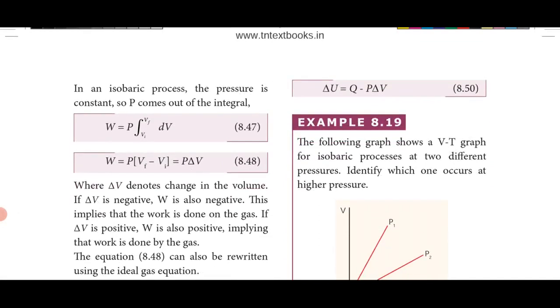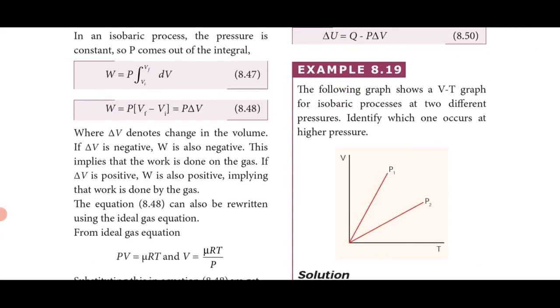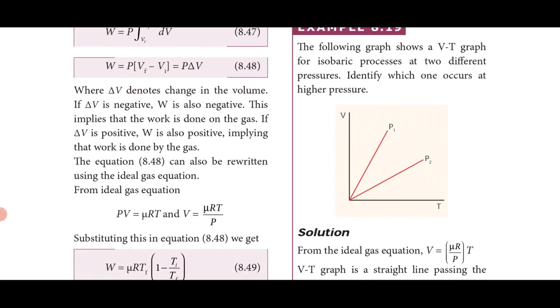Since the pressure is constant, P comes out of the integral and we only integrate the volume. Substituting the limits, upper limit minus lower limit, we get VF minus VI, that is the change in volume, denoted by delta V.